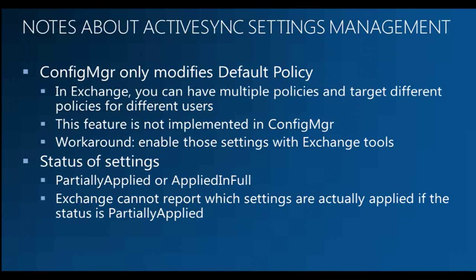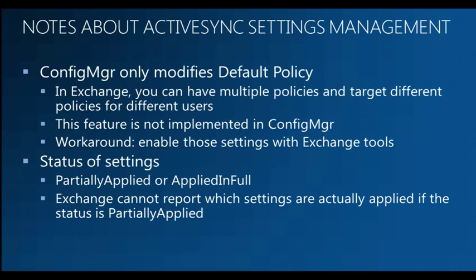Also, if you apply those settings to a device, the status of the device can be either partially applied, meaning that some of the settings cannot be applied to that device, or applied in full, which means that all the settings you have defined are successfully applied to the device.